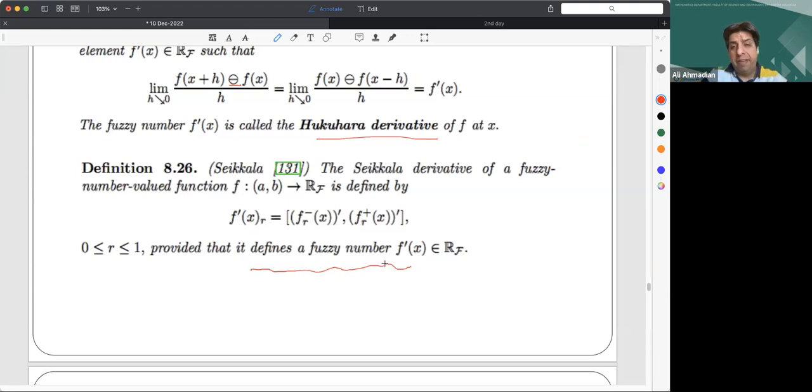Why is such detail important, provided that it defines a fuzzy number? So maybe it is a very simple direction in the definition. Okay, so what's the matter? We are sure that it's a fuzzy number.